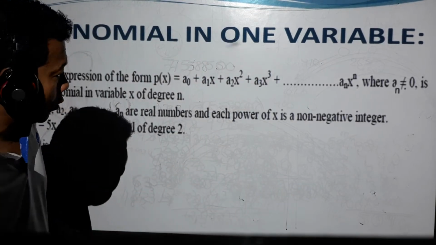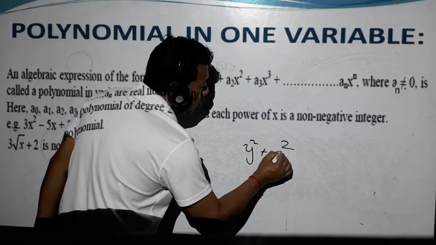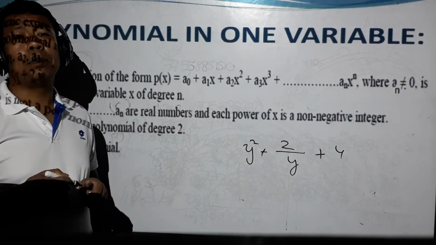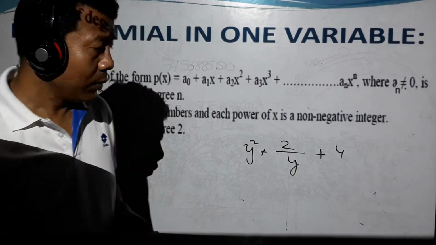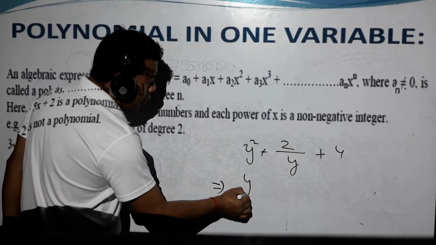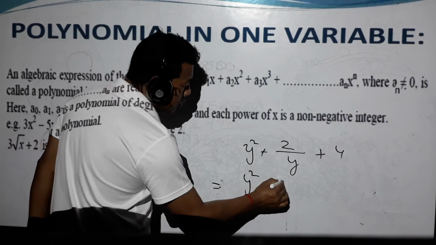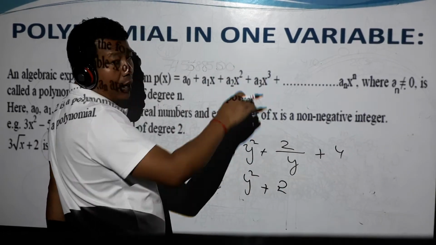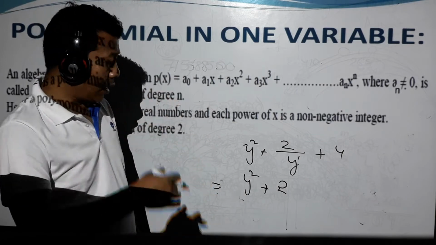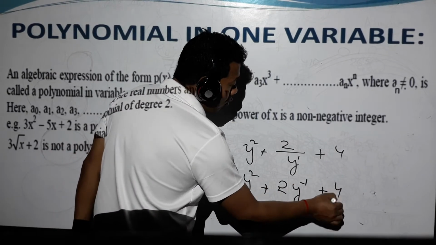Let us see some more. When we write, say, y squared plus 2 by y plus, say, 4, this is not a polynomial. Why? Because here, when you bring the y up from the denominator, the power of y is 1, so this becomes y to the power minus 1 plus 4.